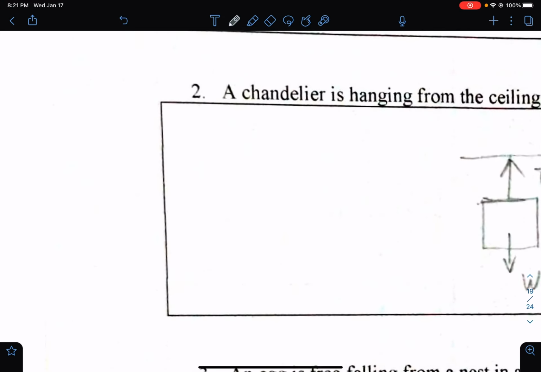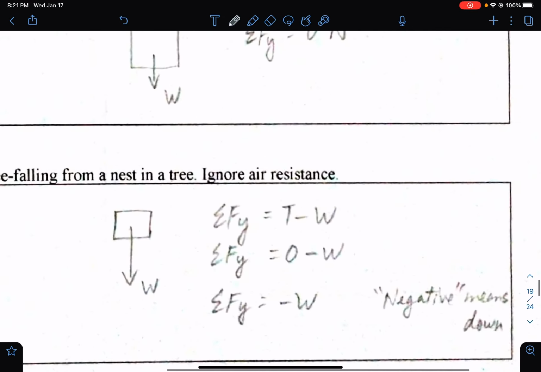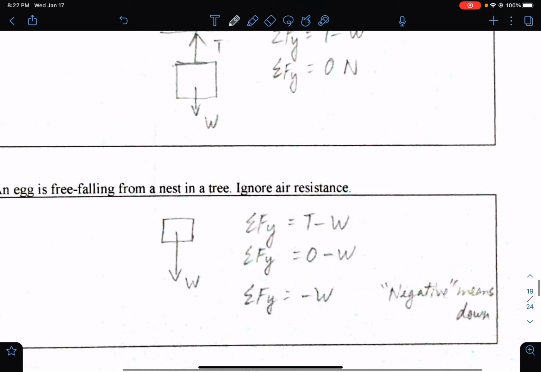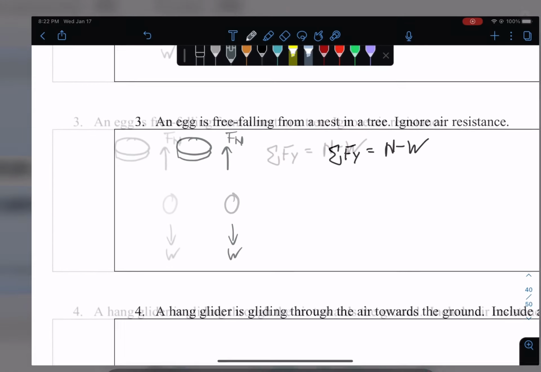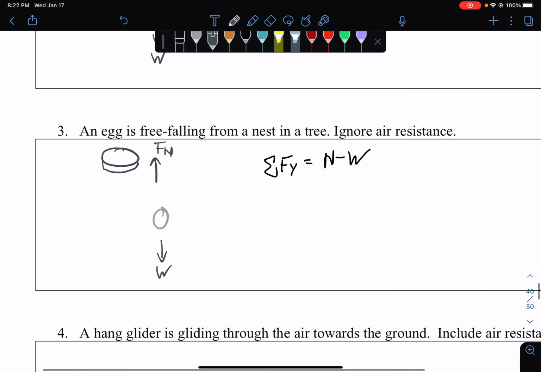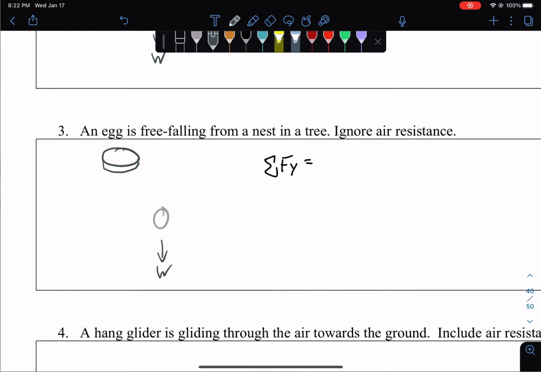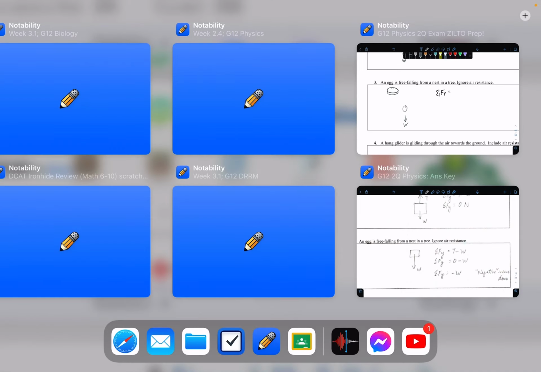What does the answer key state? Okay. Yeah, we don't write a normal force. The object is already falling, and so the normal force is non-existent. The only force that's pulling the object down is the weight. So wait, is it T again?